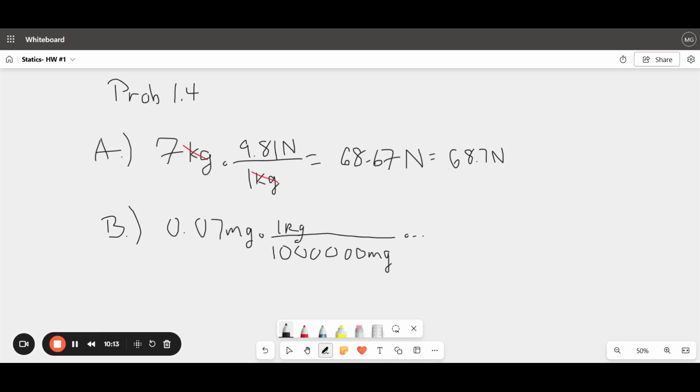If it helps to just write 1 million in scientific notation, by all means do it. I just like writing it out so that way it's easier to type in the calculator. Then we're going to have 1 kilogram is going to equal to 9.81 newtons. So we're getting that from the last problem here, that unit conversion. Cross out all these other ones that are canceling. So that way you're just left with newtons.